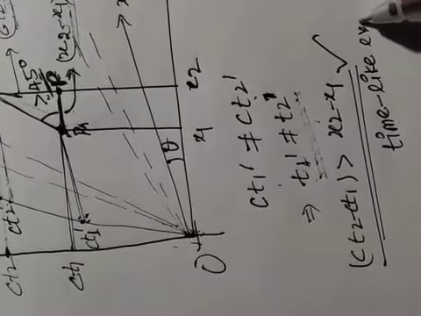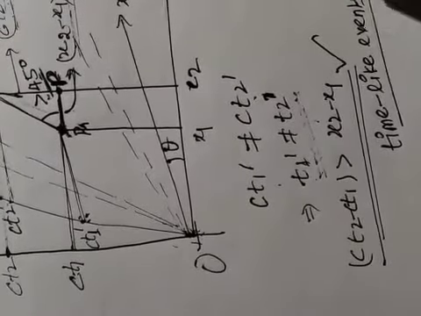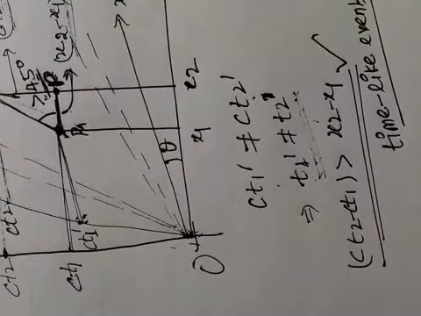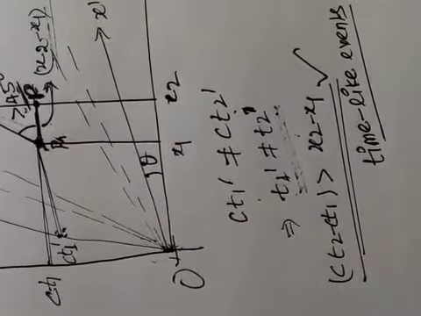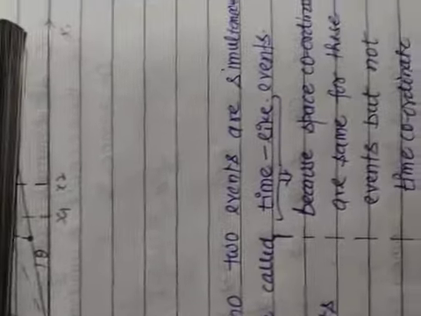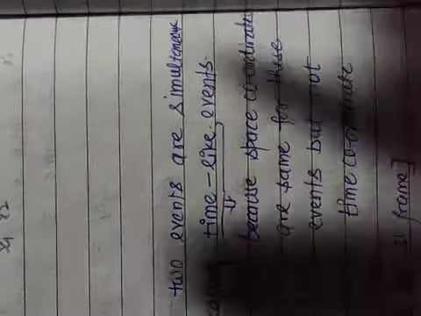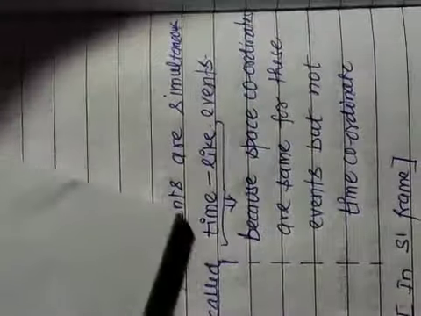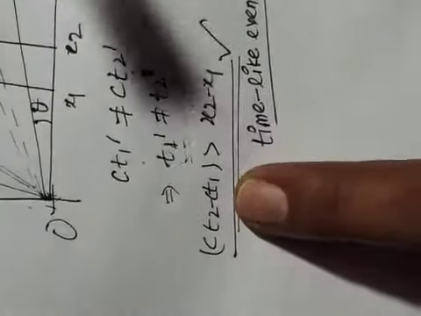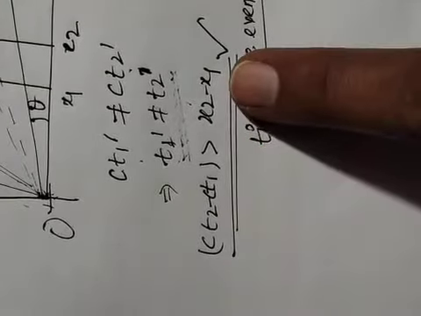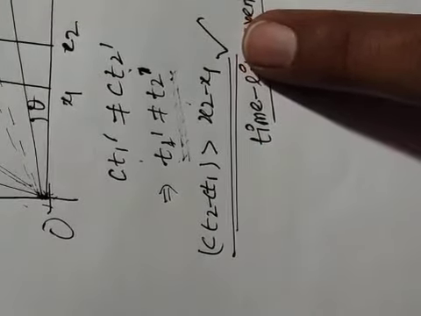Time-like events. Why time-like? These are the events for which this condition is followed, that CT2 minus CT1 is greater than x2 minus x1.